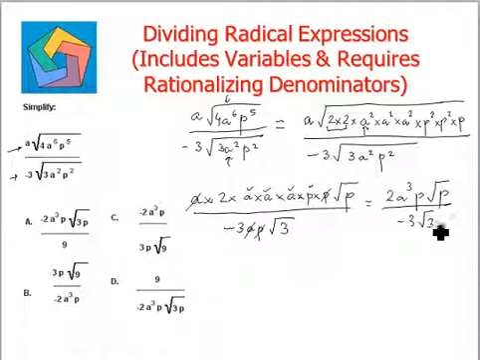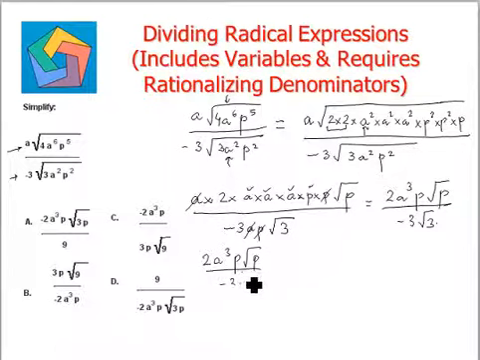Rationalized means we multiply and divide the expression with the number or the quantity that is inside the radical. So how we do it? We do it like 2a cubed b square root of b divided by negative 3 square root of 3. As we said, square root of 3 multiplied and divided by, like this.